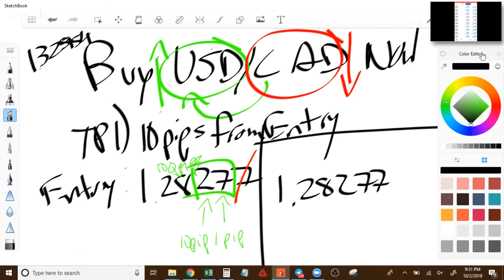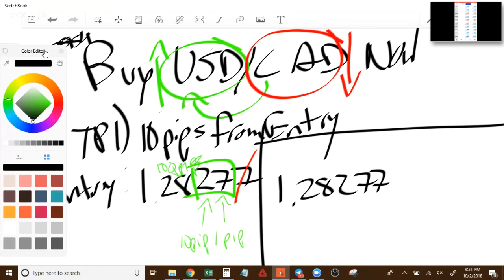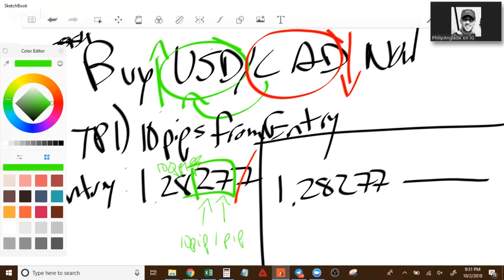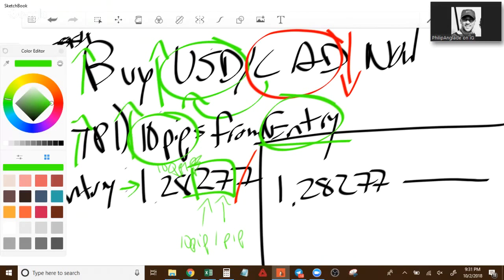Well, what I want to do is figure out what 10 pips from entry is. Well, first of all, this right here is my entry, right? My entry. Now, being the fact that I want to buy, I expect prices to go up. So my take profit is going to be above my entry price. How much do I want it to be over? Well, 10 pips.